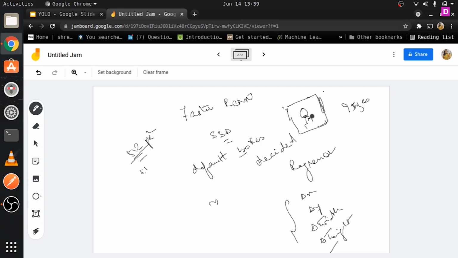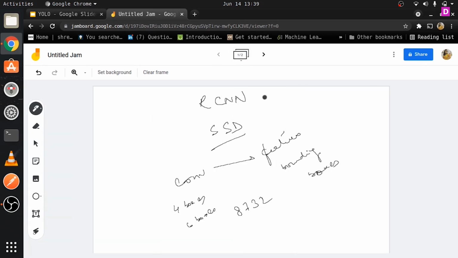Your whole task is, given such values, to find out how much it has to shift. That is done using a regressor. So that was the whole thing about Faster RCNN and SSD. When I went back and listened to the video, I realized this might have been a bit confusing, so I came back to clear this up.